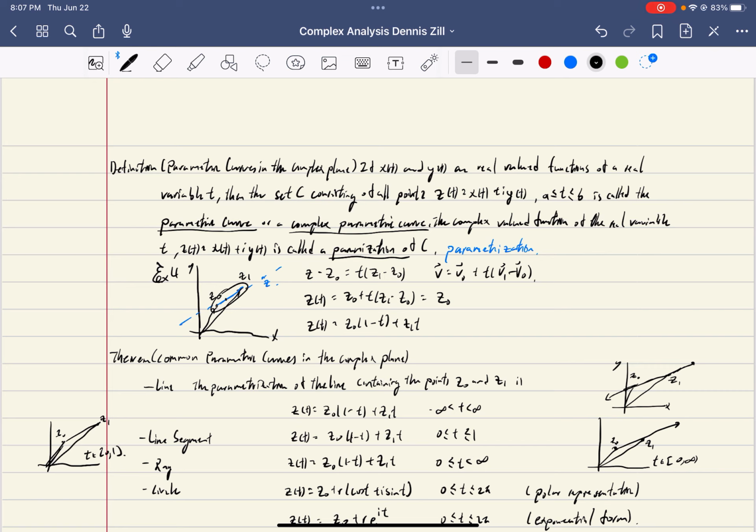Really this is just, if you would distribute it, you can always factor out z0 if you group them together. You factor out z0, that is 1 minus t, and then you add z1 t, right? Like this. Fair. And we'll just end with this.